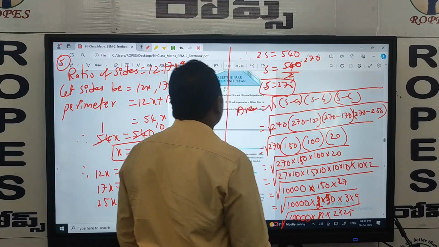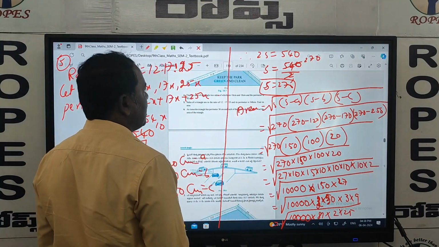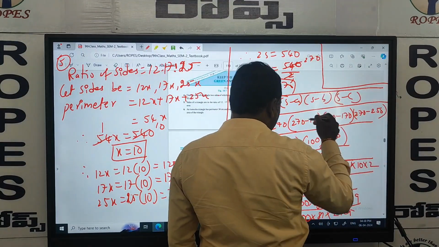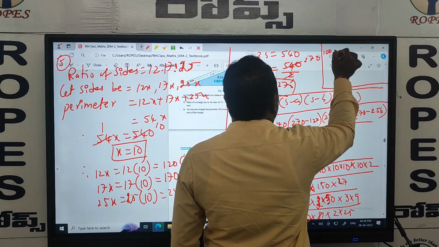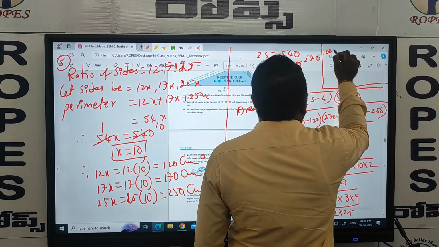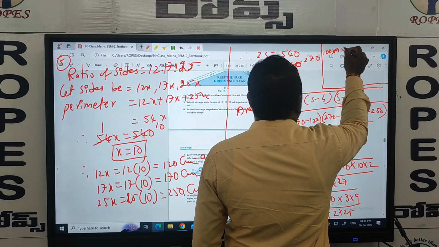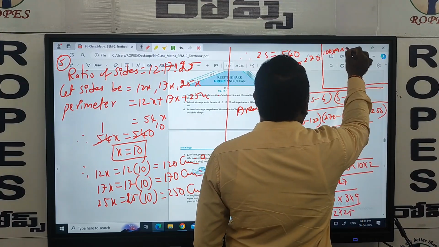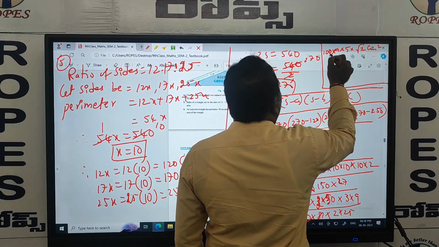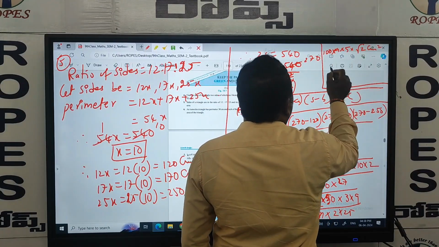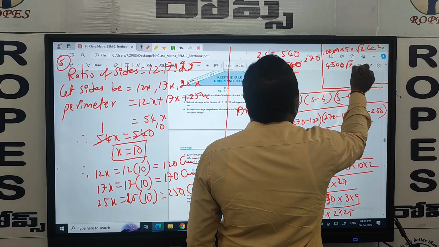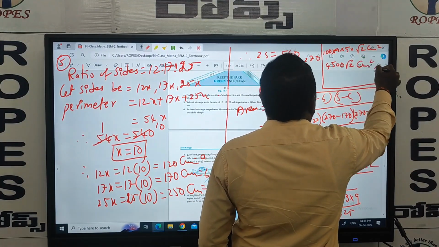Again, instead of 10,000 we can write 100 outside the root, instead of 81 we can write 9, and instead of 25 we can write 5, into root 2 centimeter square. Then 900 fives are 4,500 root 2 centimeter squares.